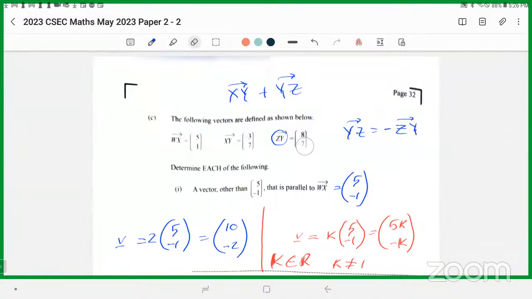Remember, when you change direction in vectors, that is indicated with a negative sign. So if I apply the minus, I'll be minusing this and minusing that, so this will come out to be minus 8, 7. So this is YZ.